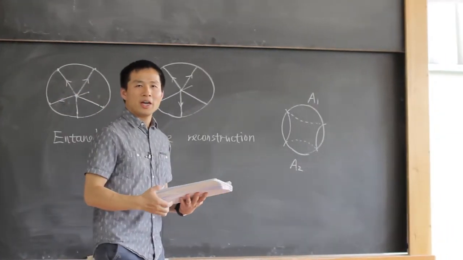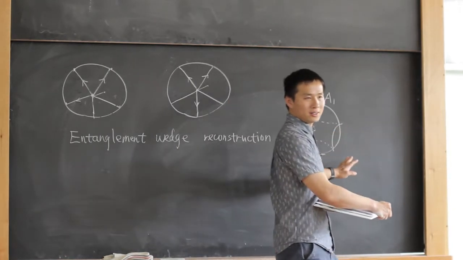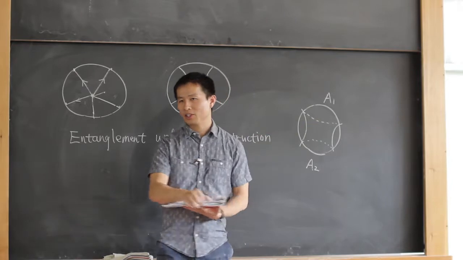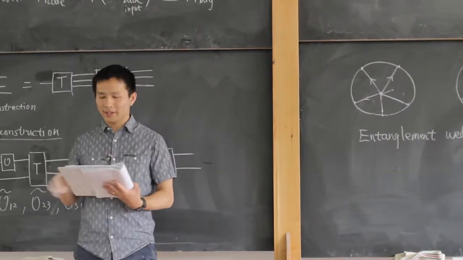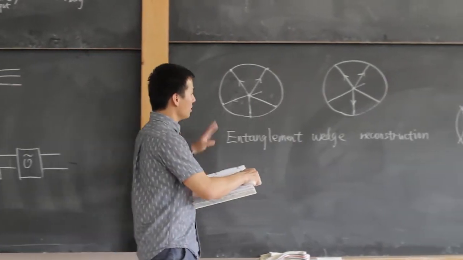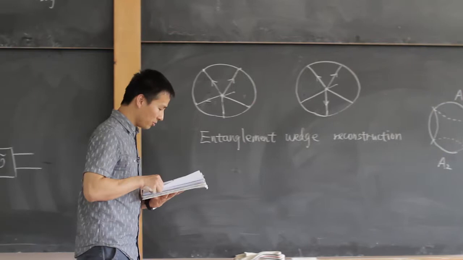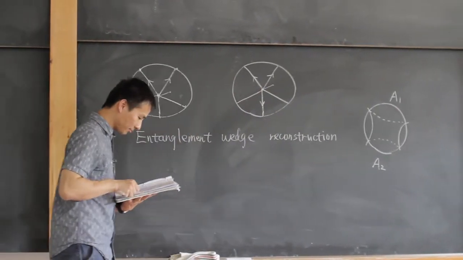So when A1 and A2 are big enough, the dominant one is the solid geodesics, and that defines the entanglement wedge. So we'll say more about that later on, but here we're just noticing that we have this interesting way of doing another type of reconstruction of some operator at the center.